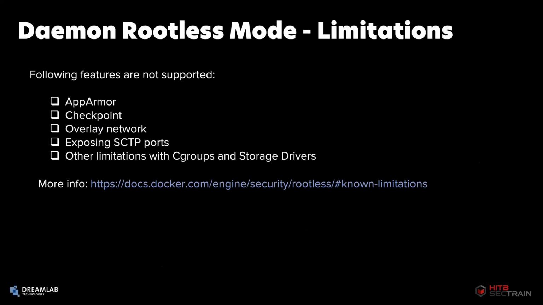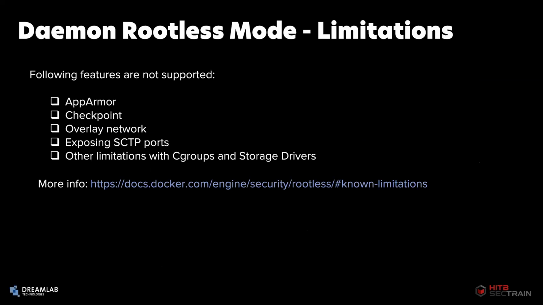The rootless mode has several limitations. Still, there are some features that the rootless kit doesn't support. For example, AppArmor and the overlay network. The overlay network is pretty critical, because in a production environment, if you're using Docker, you will probably implement Swarm.